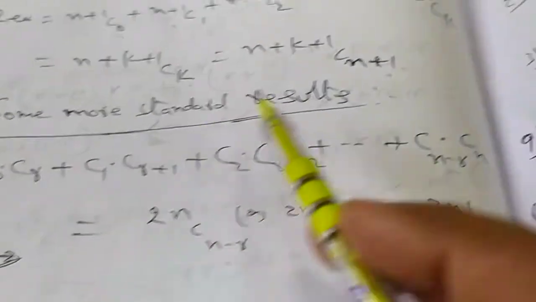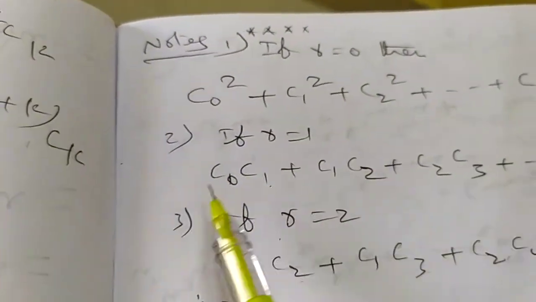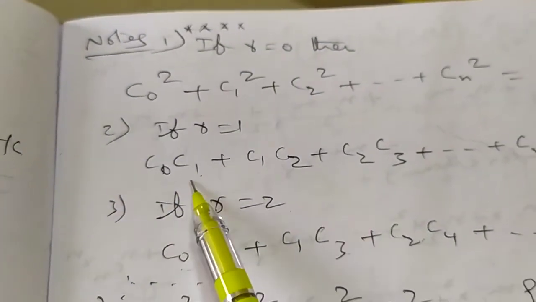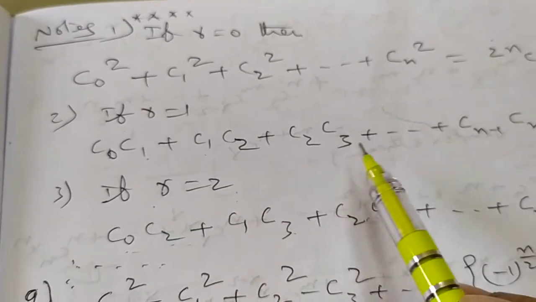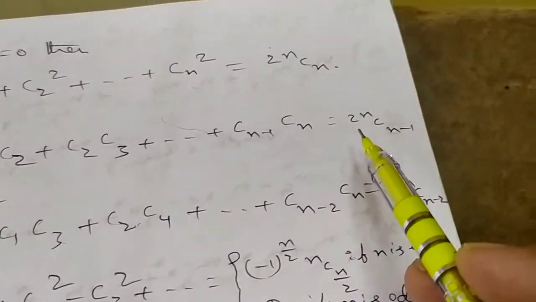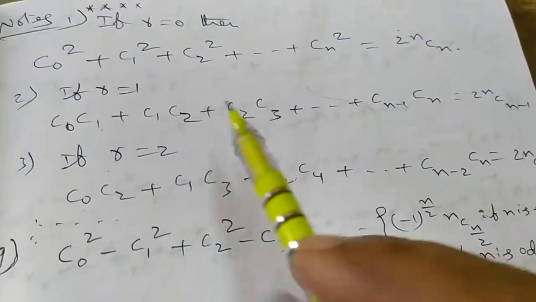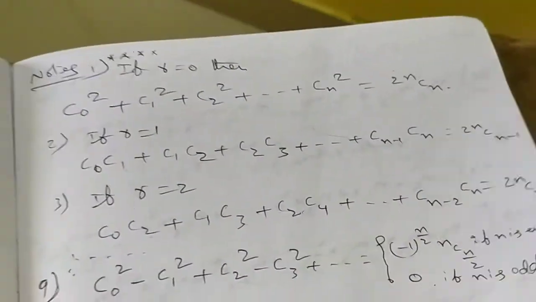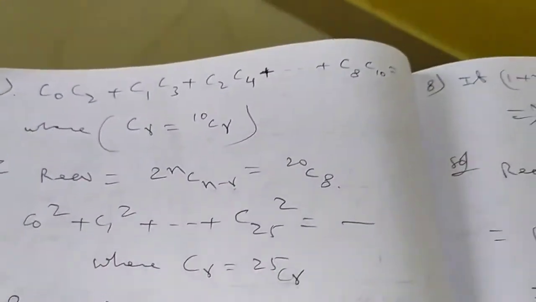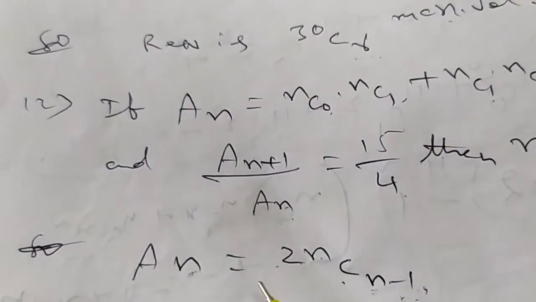Take r as 1. When r is 1, that formula becomes C0 C1 plus C1 C2 plus C2 C3 plus and so on. Formula for that is 2nC(n minus 1). So from that formula, an is equal to 2nC(n minus 1).